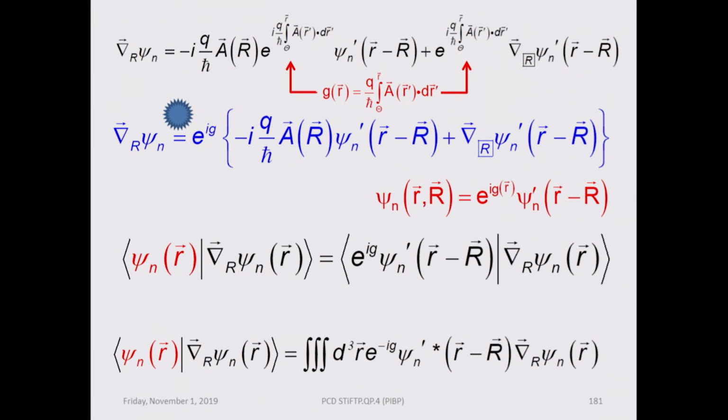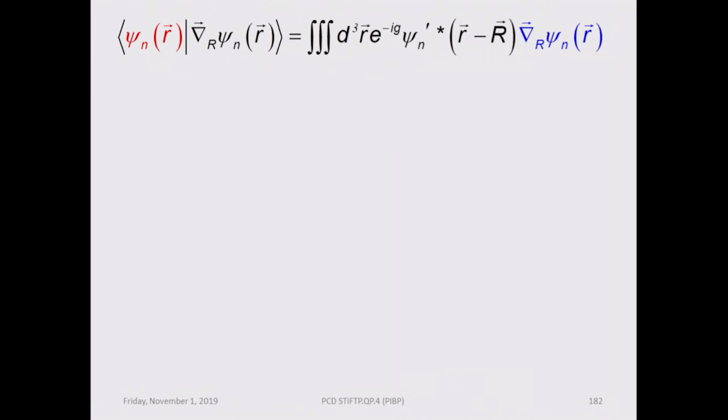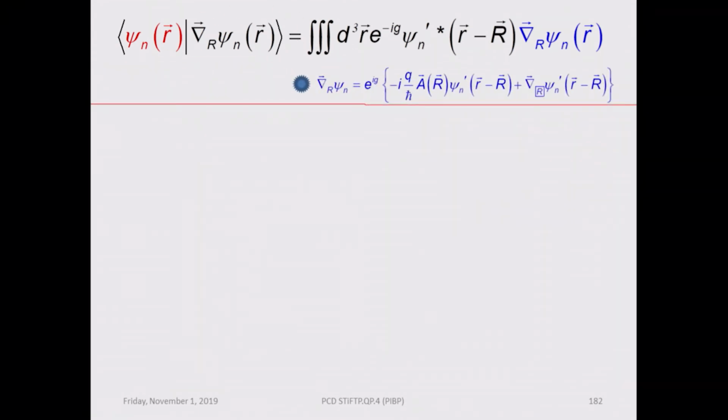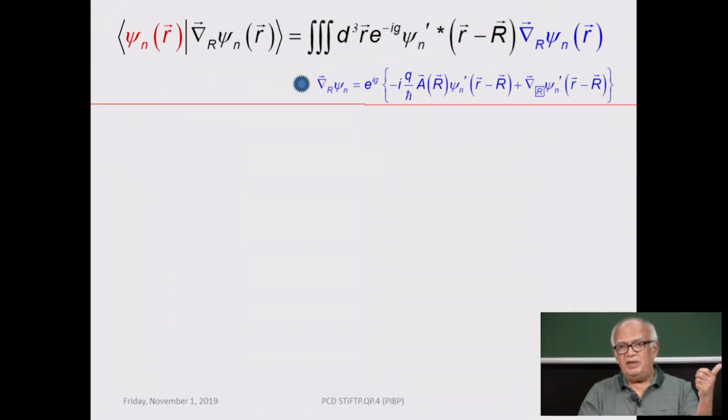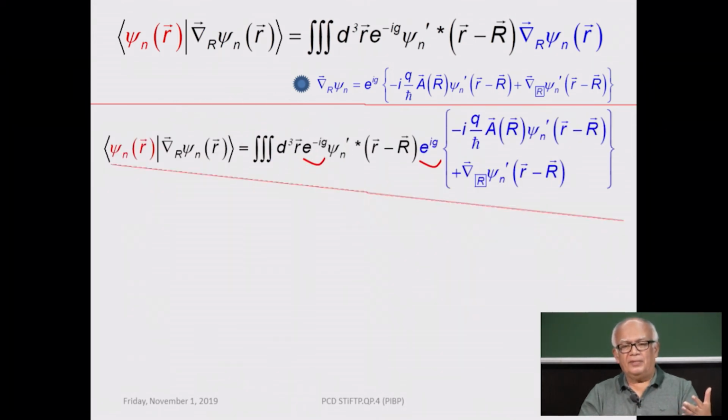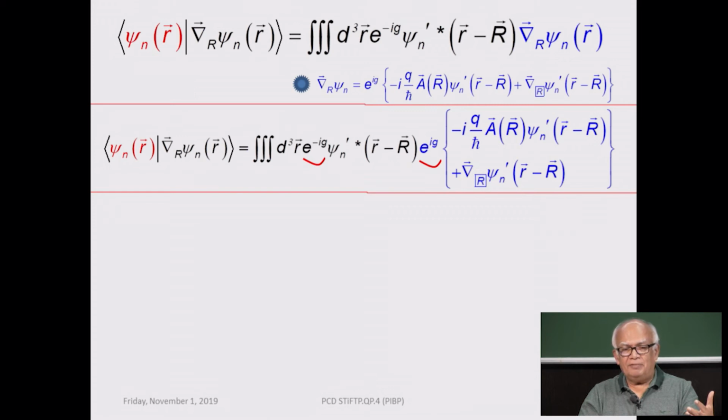So what was e to the ig in the Dirac notation comes out as e to the minus ig, and the psi prime comes out as psi prime star, and then this is the volume integral that we have to determine, right. The gradient of psi we determined on the previous step, which we marked by this multi-starred star. So we can put that result here. Done. Okay. We have simply substituted that term.